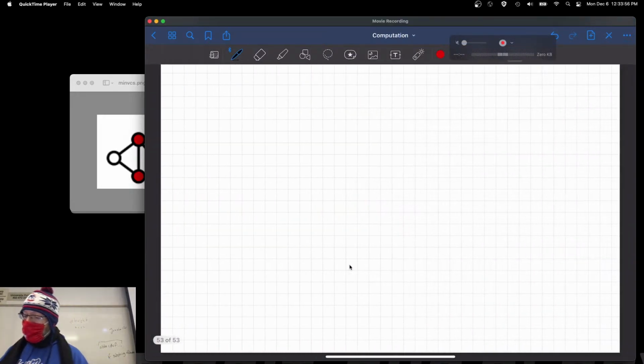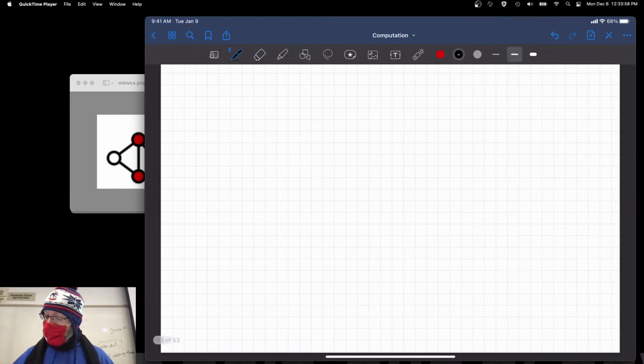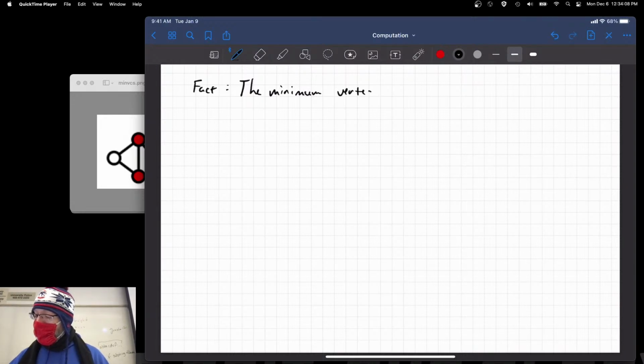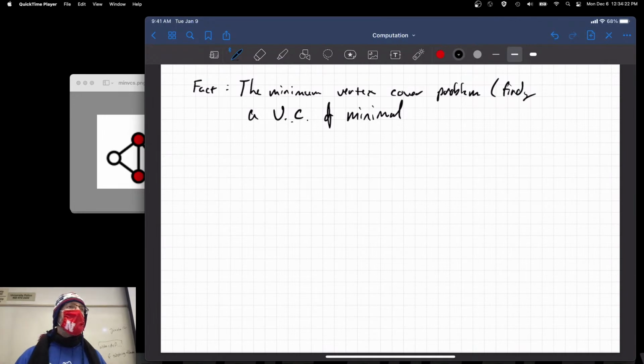So, what we need is a definition. So, fact, and we will actually prove this. The minimum vertex cover problem, that is, finding a vertex cover VC of minimum cardinality, or minimal cardinality, because there don't necessarily have to be just one.